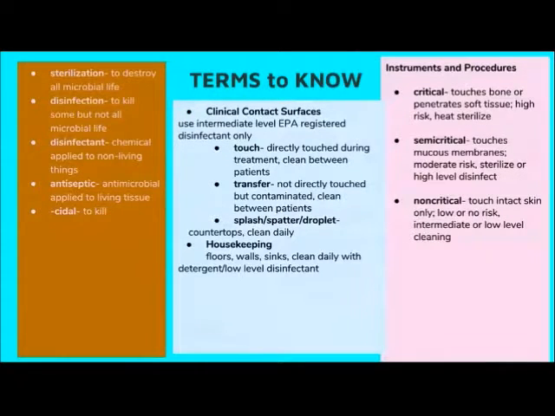Sporicides, germicides, virucides all kill what comes before them. A virucide kills viruses, a sporicide kills spores, and a germicide kills germs in general. The "cidal" part is the important part of the word to recognize.